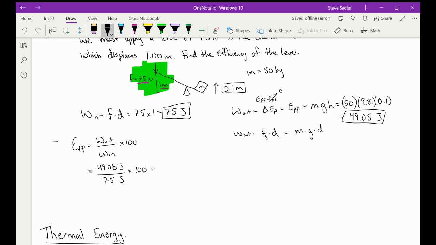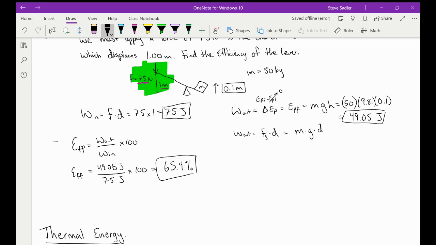And then we want it as a percentage, so we'll multiply it by 100. And we get an efficiency of 65.4%. So we are only using 65.4% of the energy put in to push that far side of the lever, and we're going to move that mass 0.1 meters.